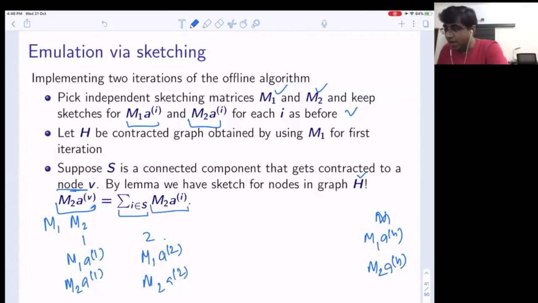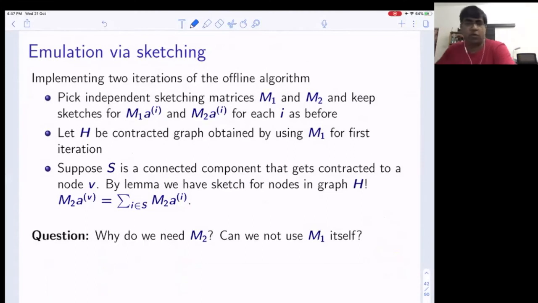If I have sketches for every vertex in S, then I have a sketch for this contracted vertex. Great for us. So I do not need to see the stream a second time because of the linearity of our sketches.